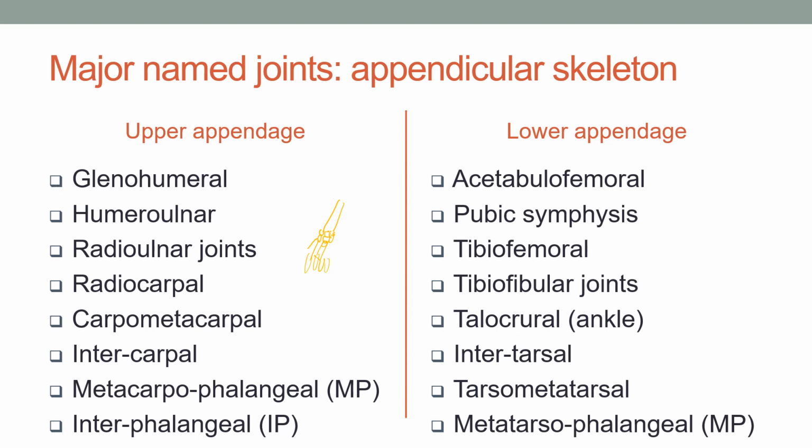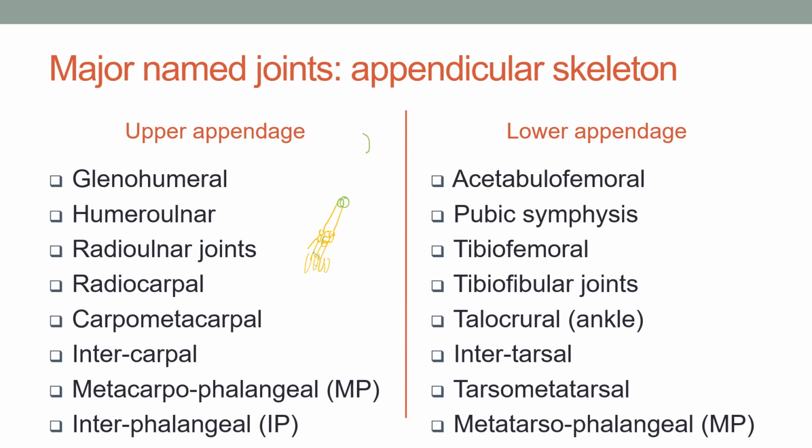There's a glenohumeral joint here, a humero-ulnar joint here, radio-ulnar joints proximally and distally, a radiocarpal joint where the radius, mostly the radius, with a little bit of humerus and ulna as well, meets the carpal bones. There are carpometacarpal and intercarpal and metacarpophalangeal and interphalangeal joints.